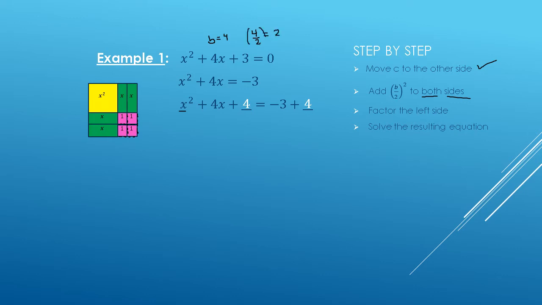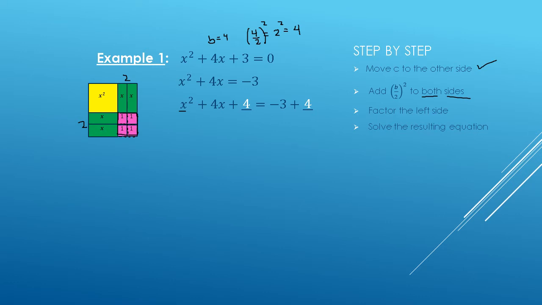And then I need to square that. So I need to square the 2, which gives me 4. In other words, I had 4 x's. I put 2 here and 2 here, but then 2 squared gives me the 4 ones.